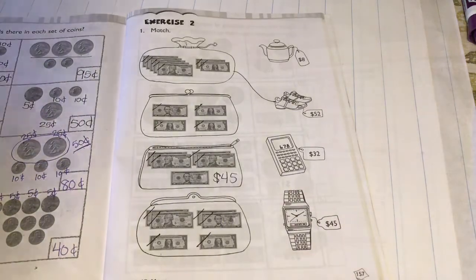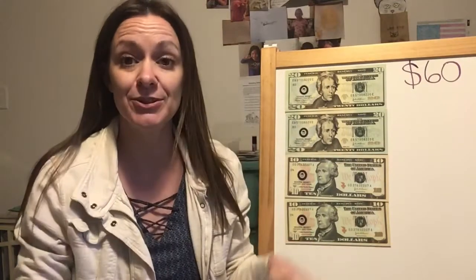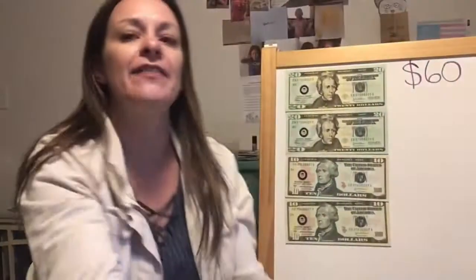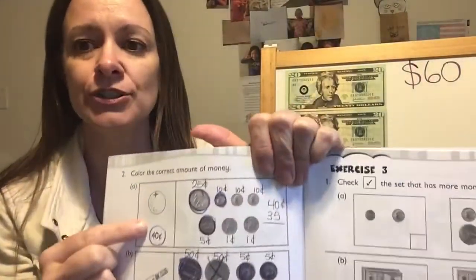Awesome job, you guys. We are going to stop there with math today. Page 158, you do not have to do. If you want to give it a try, you can. You have to color in the amount of money that you need to buy that product. So for instance, if you have a 40-cent orange, you need to color in 40 cents.